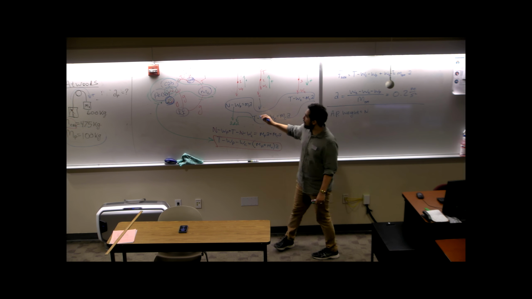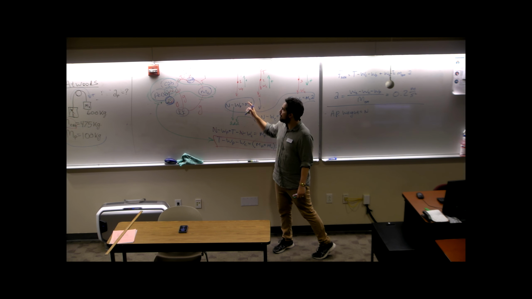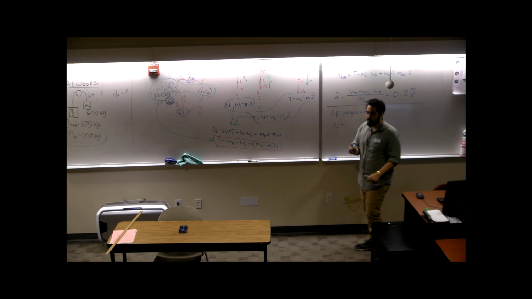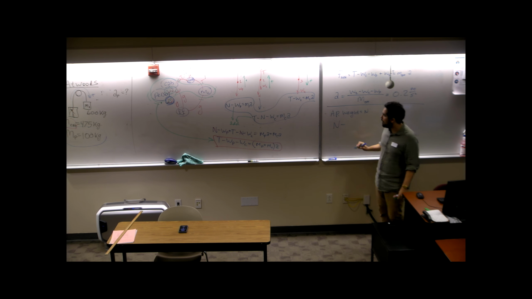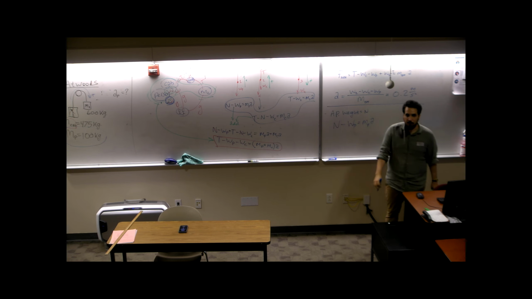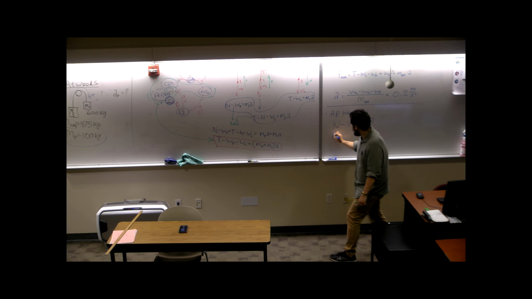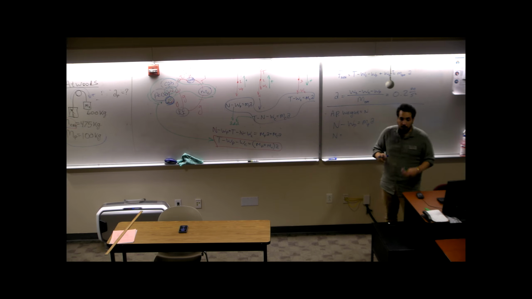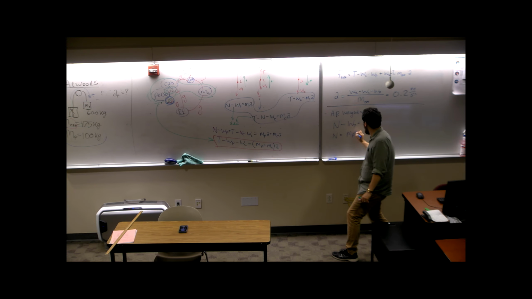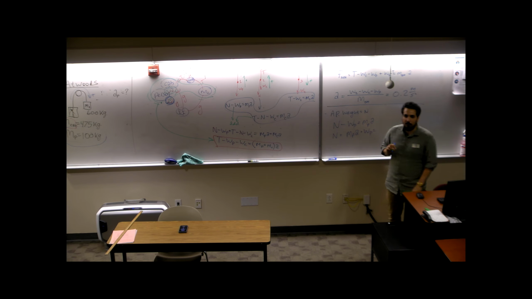Well, their apparent weight can be found from their free body diagram that tells us the normal force, apparent weight, minus the actual weight of the person is given by the mass of the person times the acceleration. Or we would say the normal force, again, the apparent weight, is equal to the mass of the person times the acceleration plus the weight of that person.